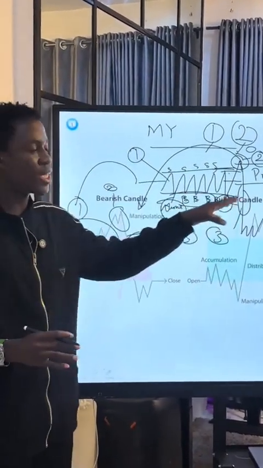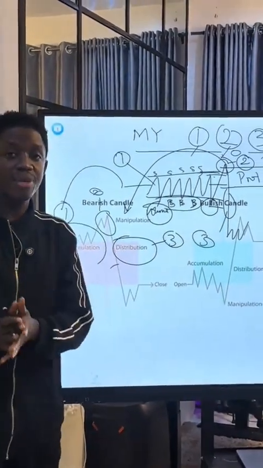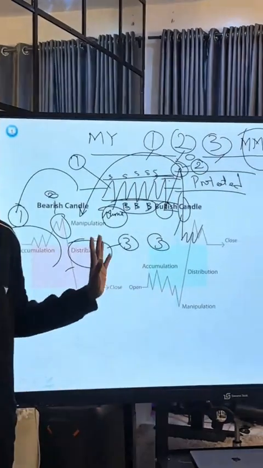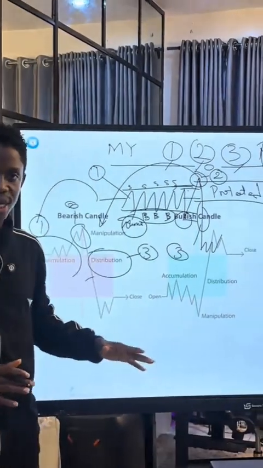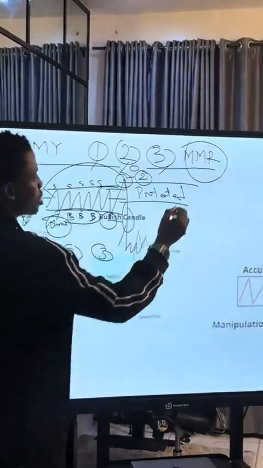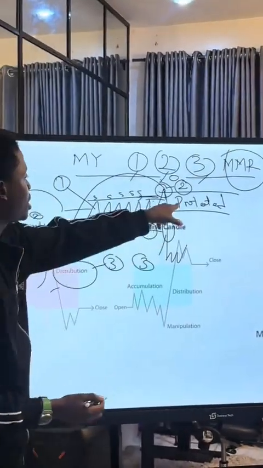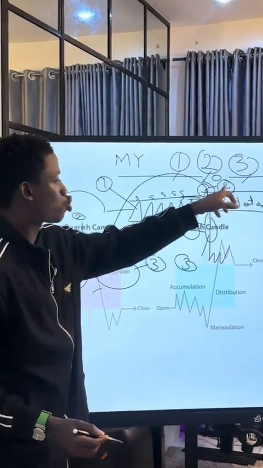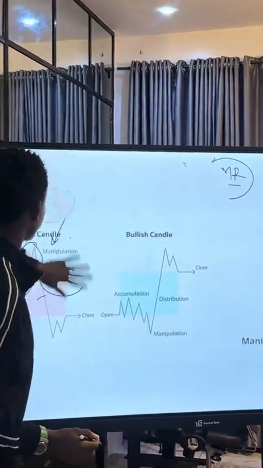Where this protected high now comes in is, you can now apply my ABC rule in this place to pick an entry for yourself. So after getting this 1, 2, 3, the next thing you need is my A, B, C. I need a clean board. Sorry, guys.